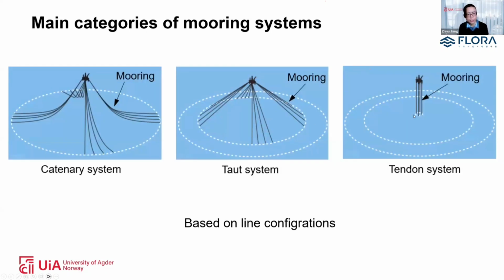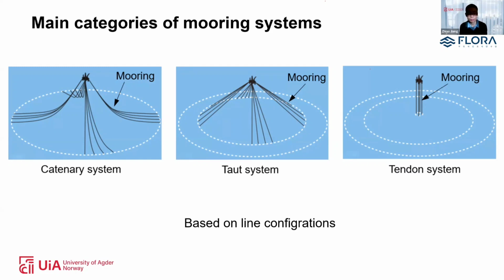Categories of mooring systems. Depending on the categorization, we may divide a mooring system into some of the categories I'll show here. So traditionally for oil and gas systems, we have the catenary system, which is very common. That is to say, we want to use the gravity or the geometry restoring to restore the system to its original neutral position when it has an offset due to environmental loads.